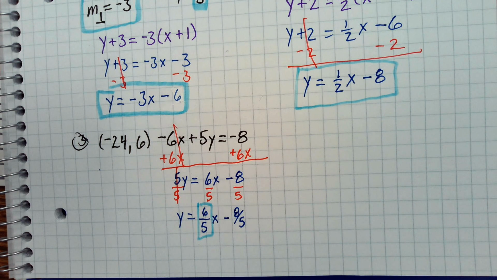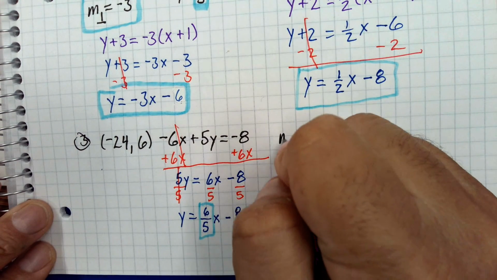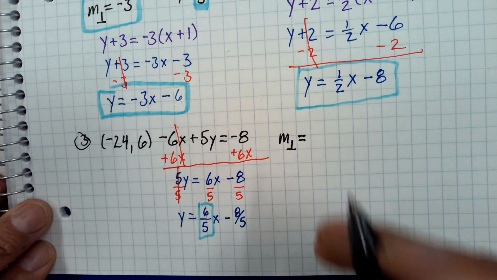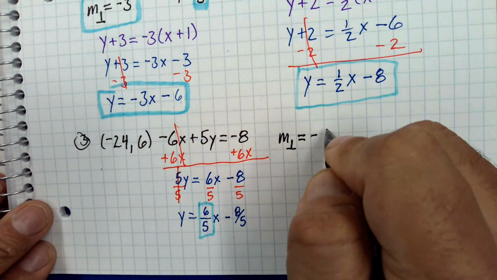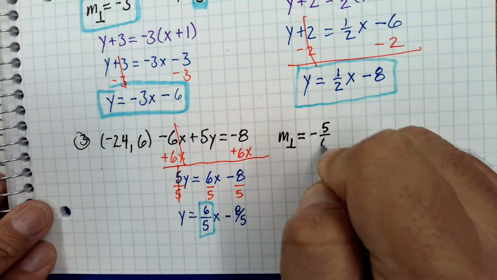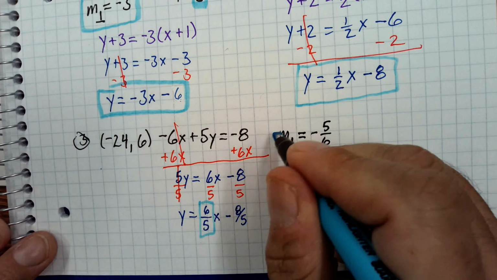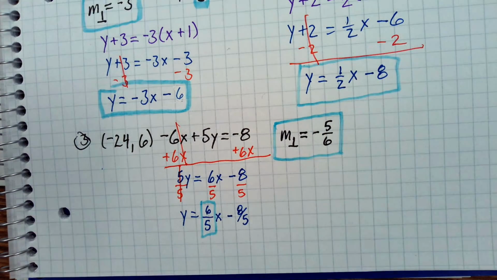Okay. So our perpendicular, I'm going to do the rest of the work here. The perpendicular slope is what? -5/6. Okay. That we do need. And now let's just plug it into point slope.